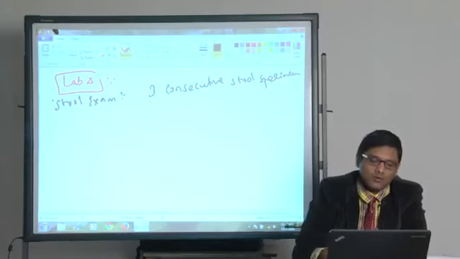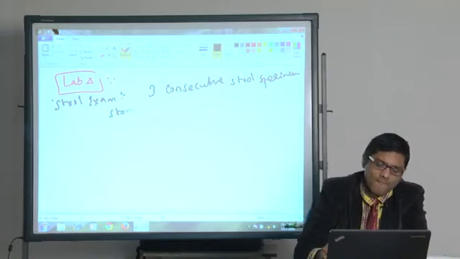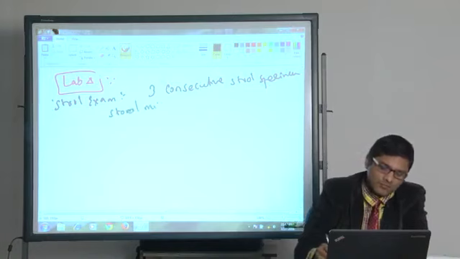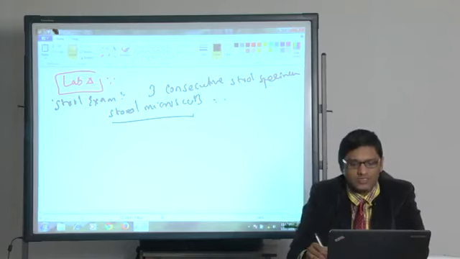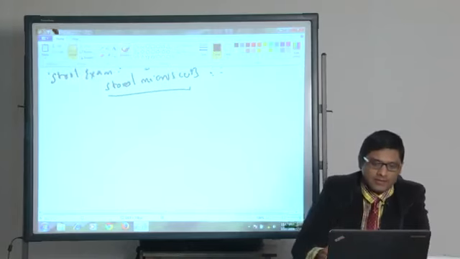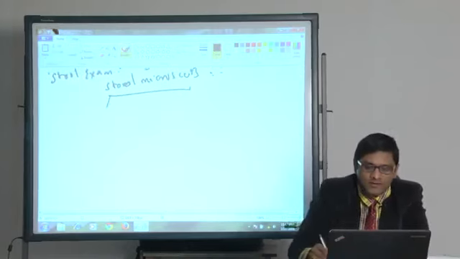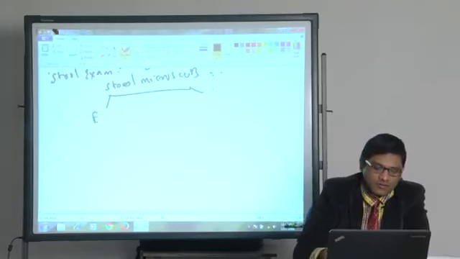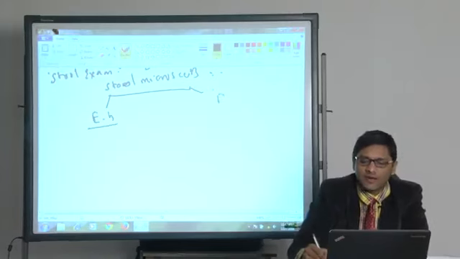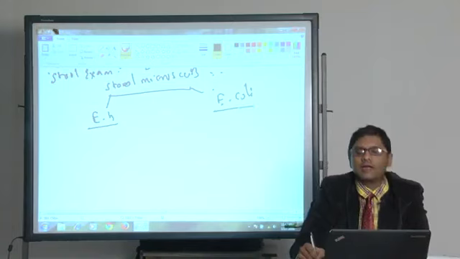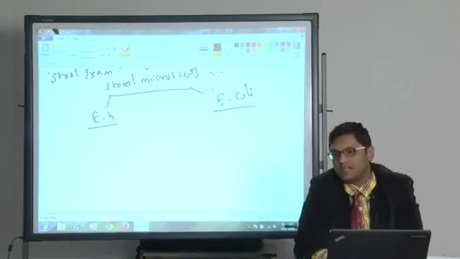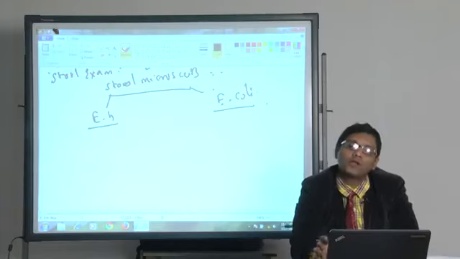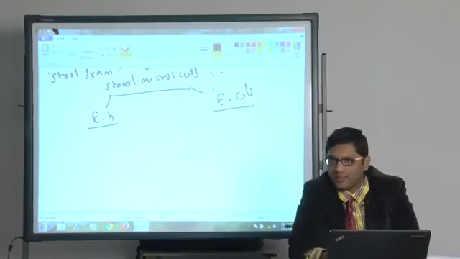And if you do a stool microscopy, how do the cysts and trophozoites appear? You have to differentiate the cyst and trophozoite of Entamoeba histolytica from that of Entamoeba coli, because Entamoeba coli is the most common commensal in your GIT, and often it will be confused with Entamoeba histolytica.